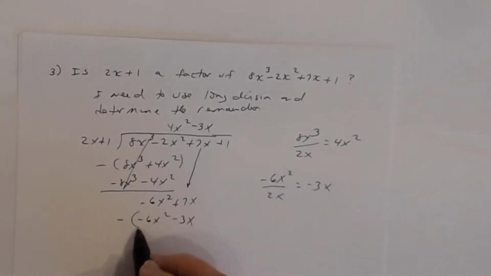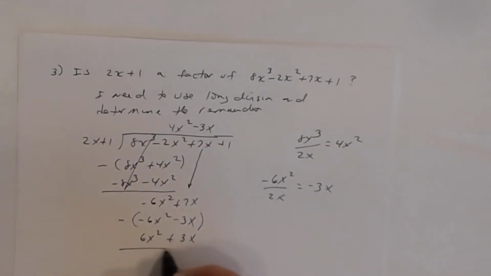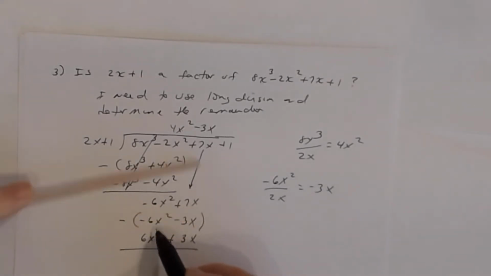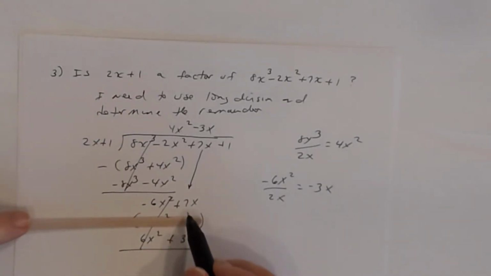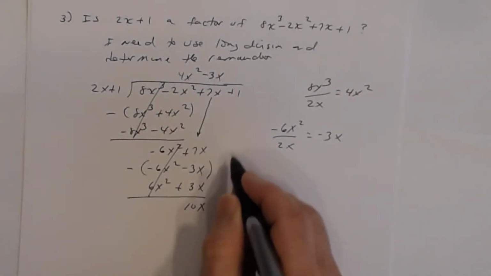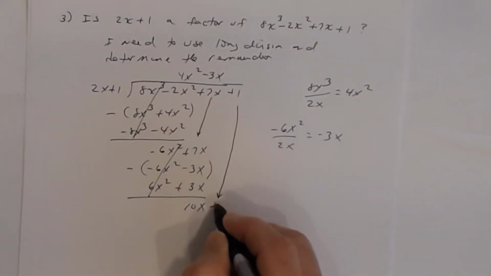And then you subtract. The opposite of a negative 6x squared is a positive 6x squared. The opposite of a negative 3x is a positive 3x. Then we add those. Negative 6x squared and 6x squared is 0. 7x and 3x is 10x. And then you bring down the 1.